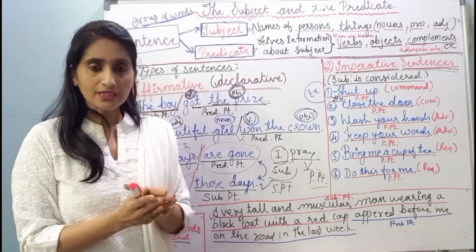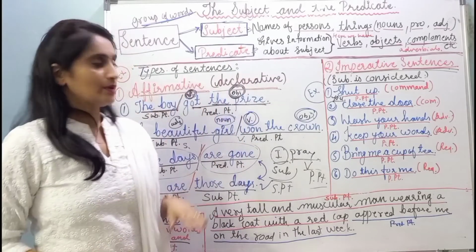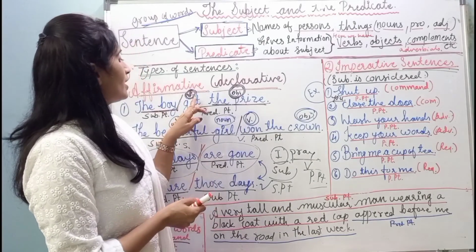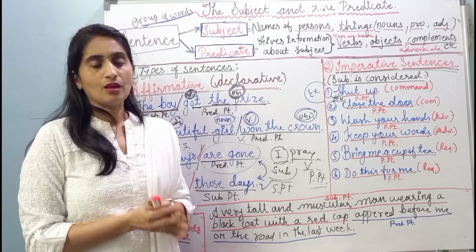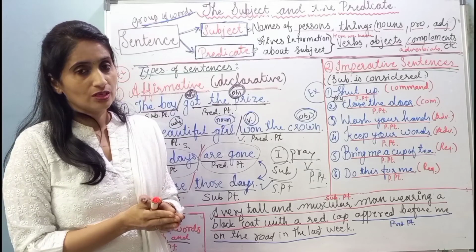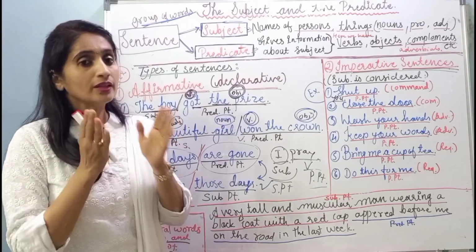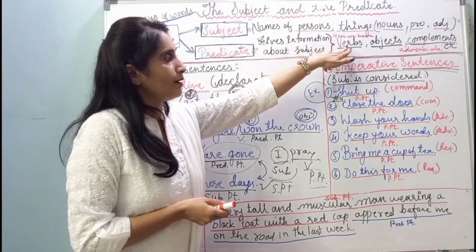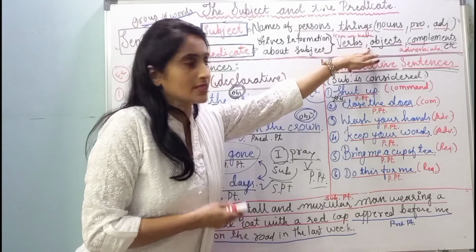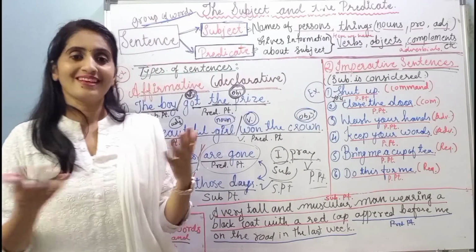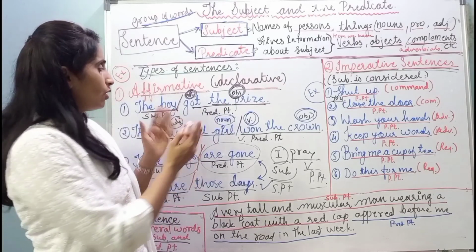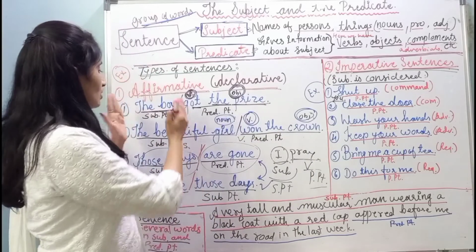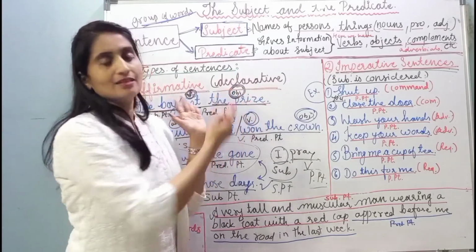So the first thing is that this part gives us information about the subject. The second thing is that here we have verb and object. Where are the verbs and object found in the sentence? They are found in the predicate part. See here, in the predicate part, we have verbs, objects, complements, adverbials, etc. So you can say that this is the predicate part. Fine. So the boy is the subject part and got the prize is the predicate part.